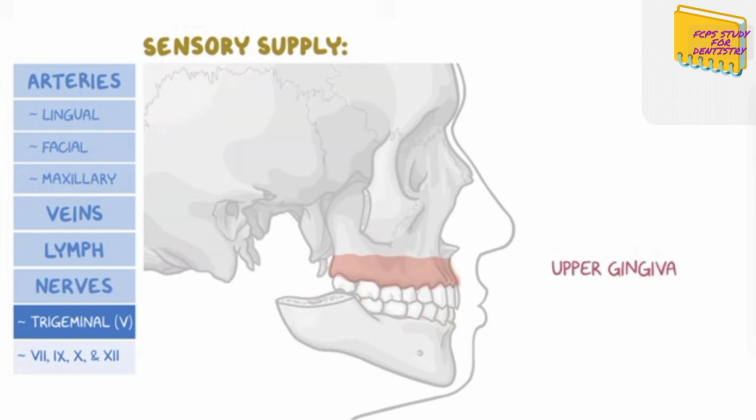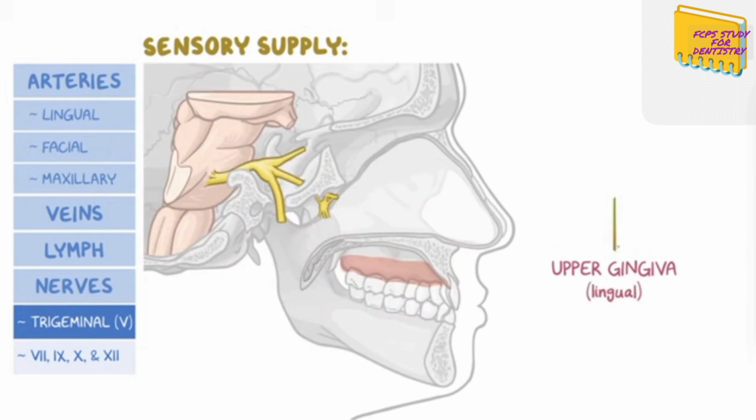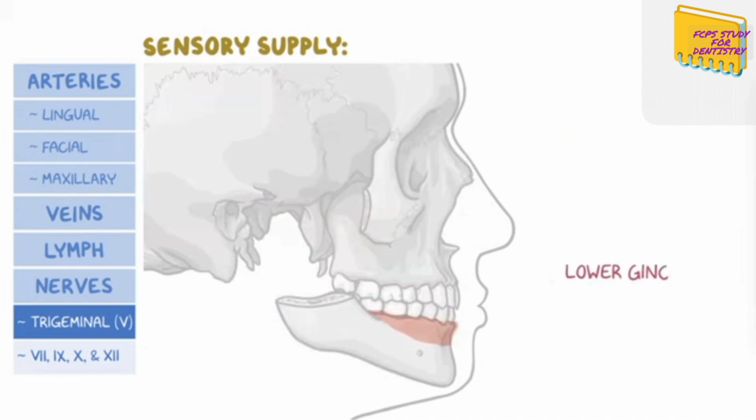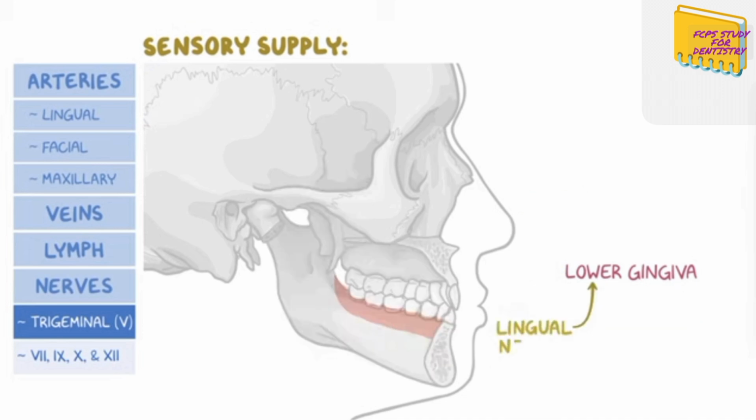The upper gingiva are supplied by the superior alveolar nerves on the labial side, whereas the lingual side is supplied by the greater palatine and nasopalatine nerves. On the lower jaw, the gingiva is supplied by the buccal nerve and the incisive branch of the inferior alveolar nerve on the labial aspect, and by the lingual nerves on the lingual aspect.